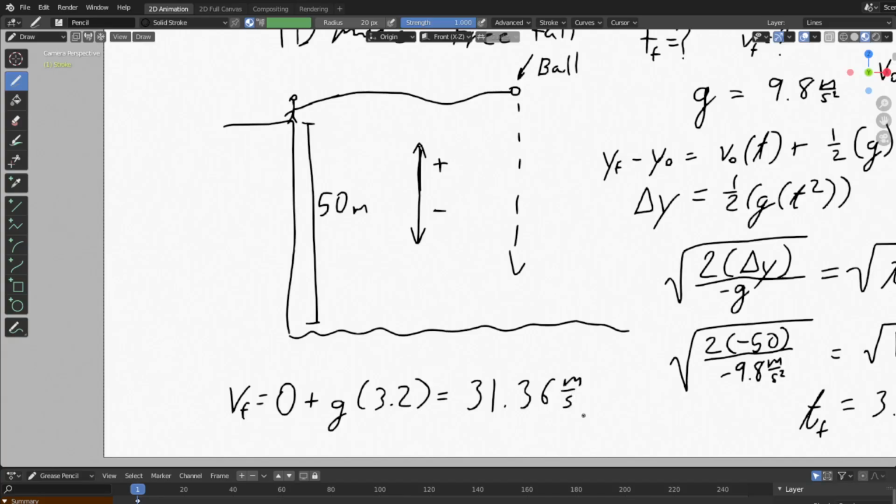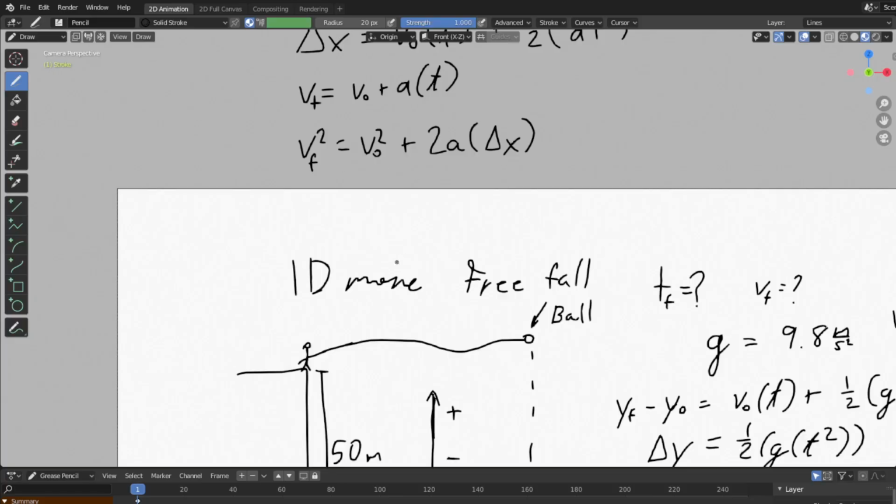And I'll say I don't trust that. If I don't trust this answer, then sure, we can use this final one for it.